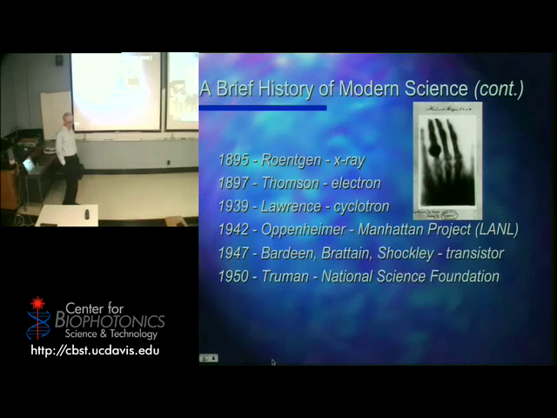And then a couple of other dates here that are, I think, critical, kind of wind up this first half of the 20th century, the physics half of the 20th century. One of the last great major breakthroughs in the physical sciences was the invention of the transistor at Bell Labs by those three gentlemen, Bardeen, Brattain, and Shockley.